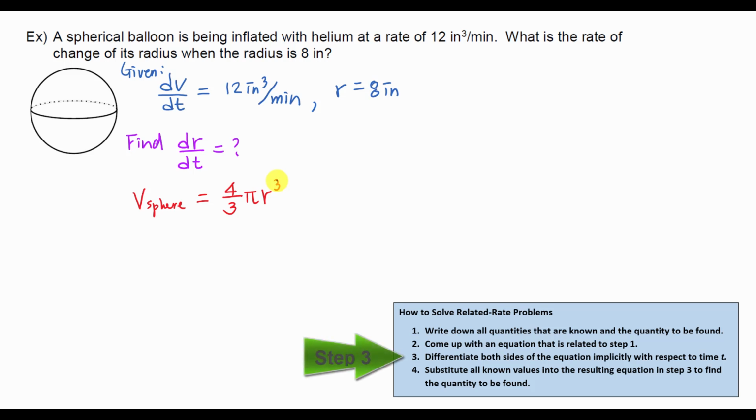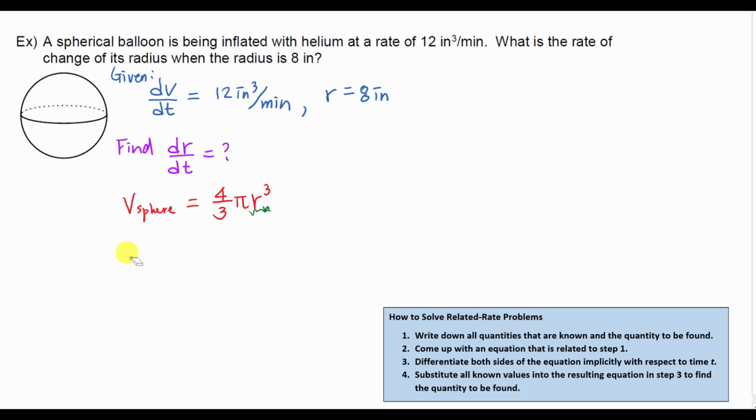Now, what do we do? We differentiate both sides of the equation implicitly with respect to time t. So let's take the derivative. Then I take the derivative of V with respect to t. That will be 1 times chain rule dV/dt, and 1 times dV/dt is just dV/dt. 4/3 is just a number, pi is just a number.